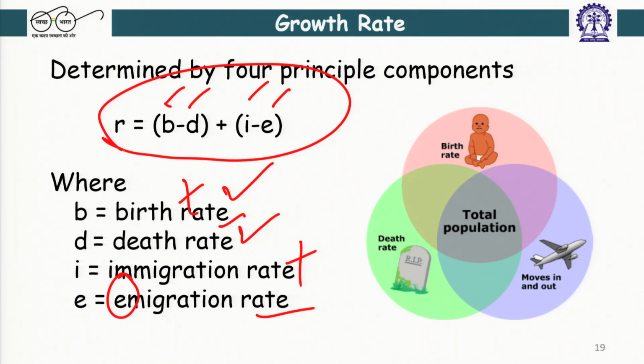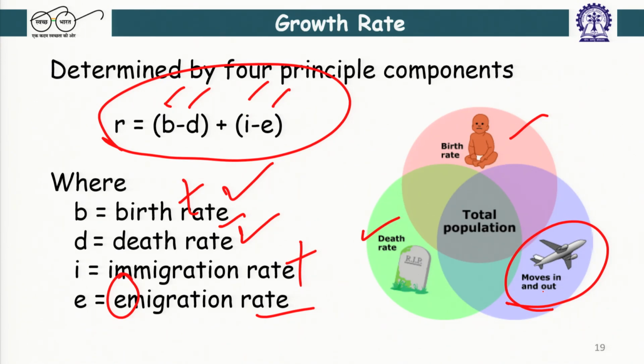We can diagnose certain diseases now, which was not possible earlier, and there are medicines which help people to stay relatively healthy for a longer period of time. So, birth rate, death rate, people moving in and out, that kind of gives you the total population.